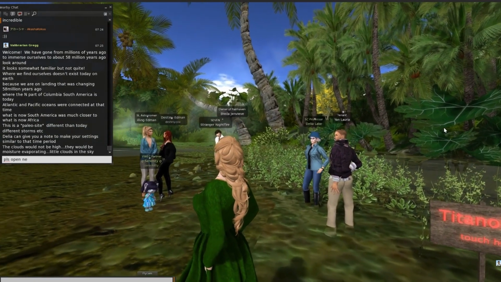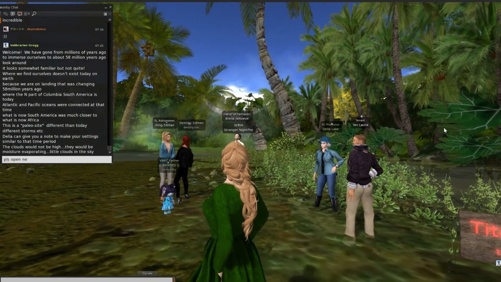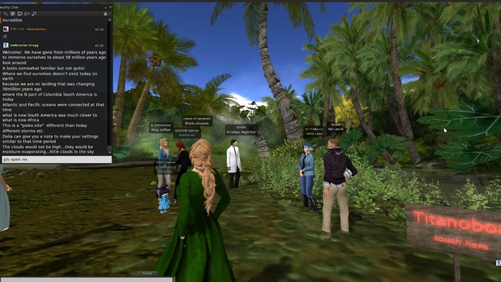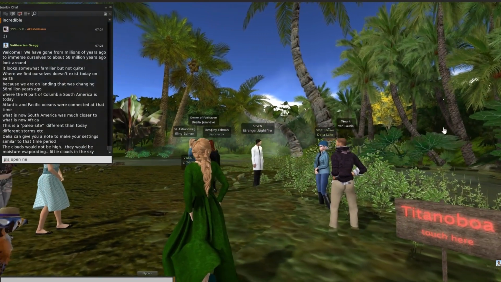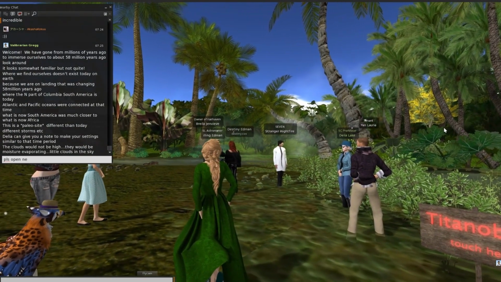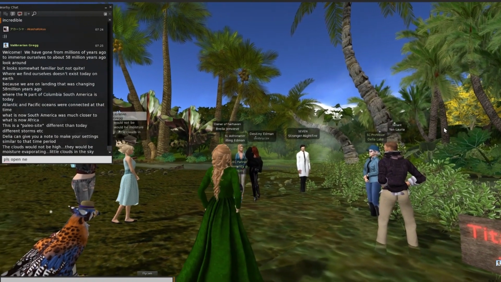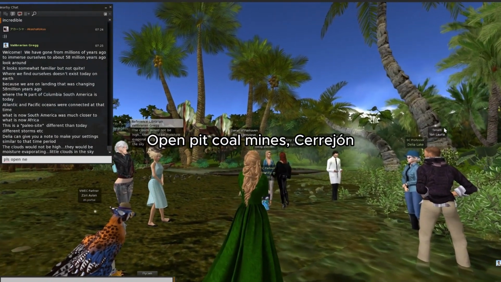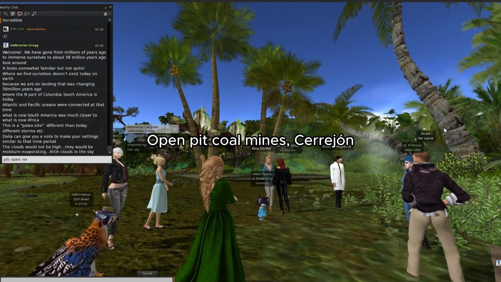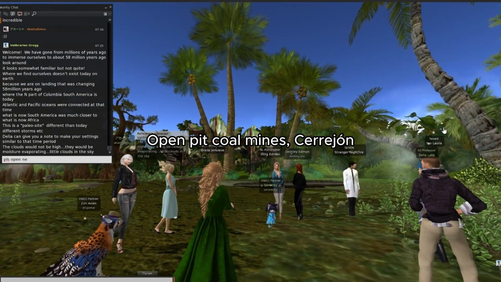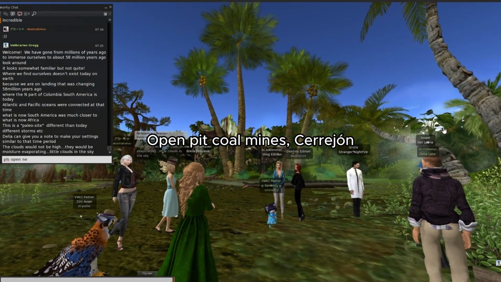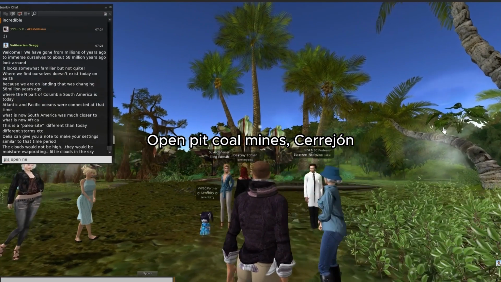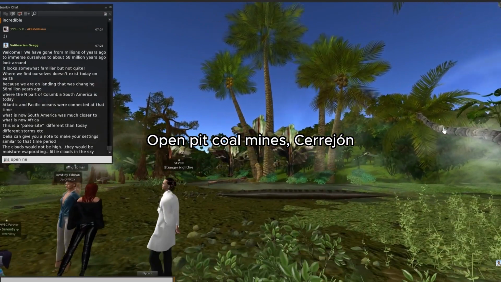But beyond that, everything we know about this area comes from an enormous, one of the largest open pit coal mines in the world. And that is where Alex Hastings and his team found the skeletons of the Titanoboa.